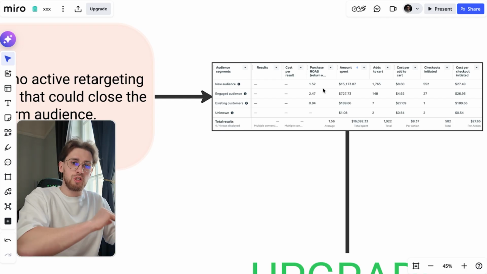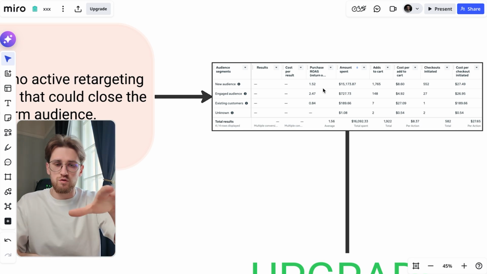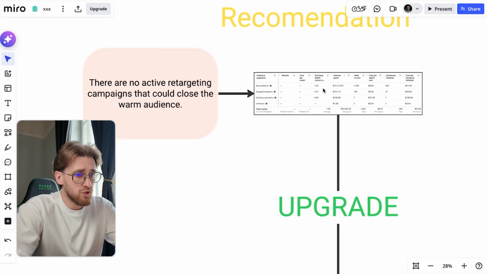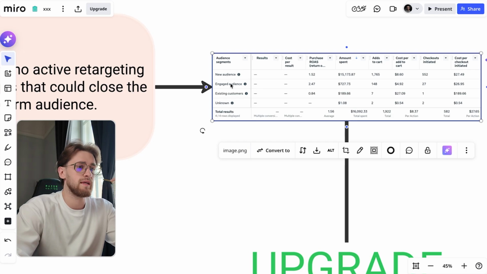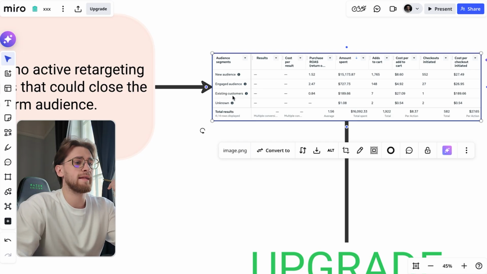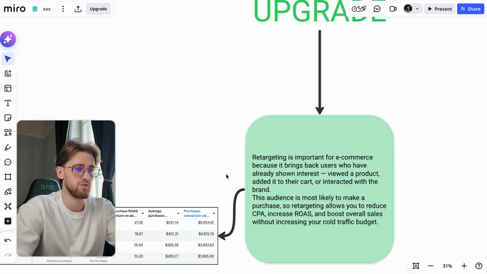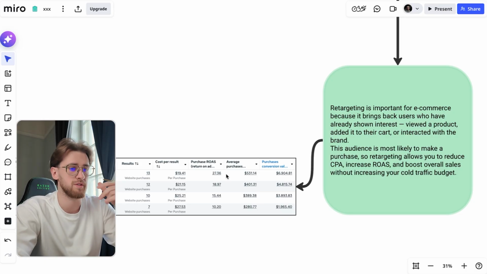It will be cheaper to upsell existing customers or sell to the people who visit your website. So it's even better. Make sure that you work with new audience, with engaged audience, and with existing customers, please. It's very important also for you to generate profit, guys, not just revenue numbers.